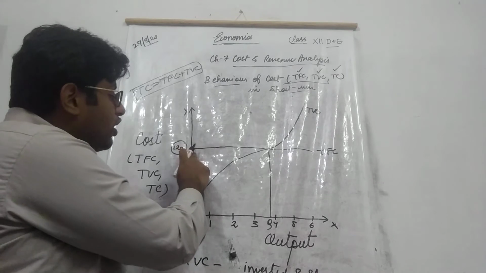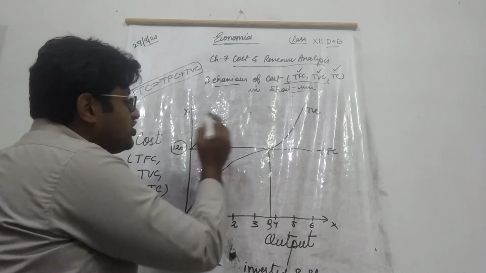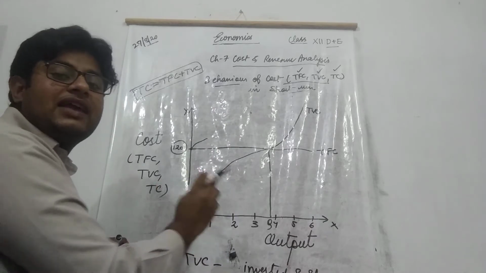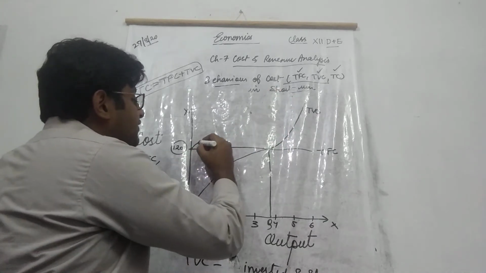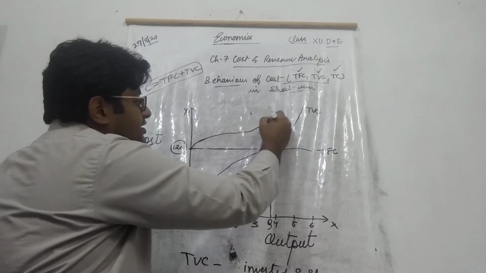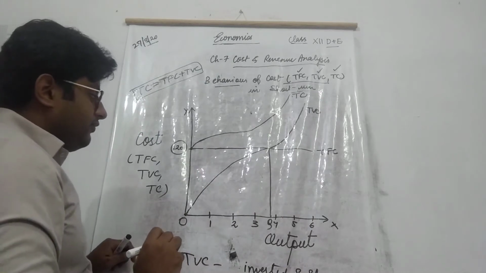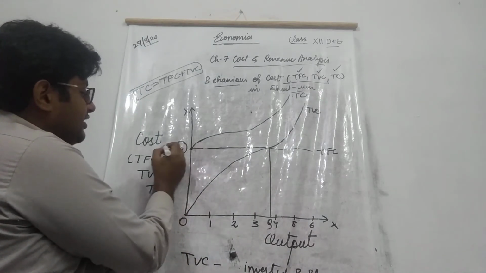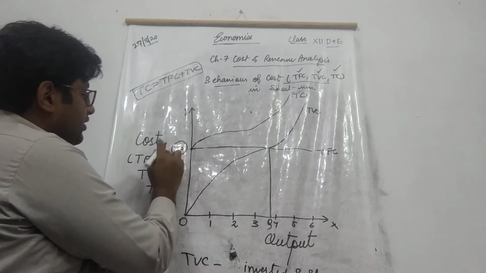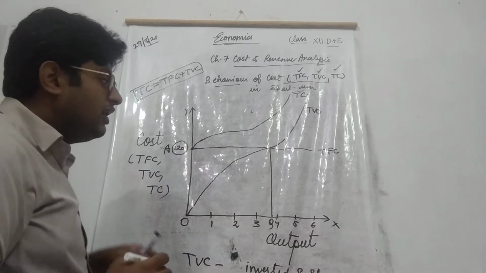Thus my total cost curve will start from this point and its shape would be the same as the shape of TVC. It will first increase at a decreasing rate, then it will start increasing at an increasing rate. Alright, let us take this point as point A, where your TC and TFC both are equal.